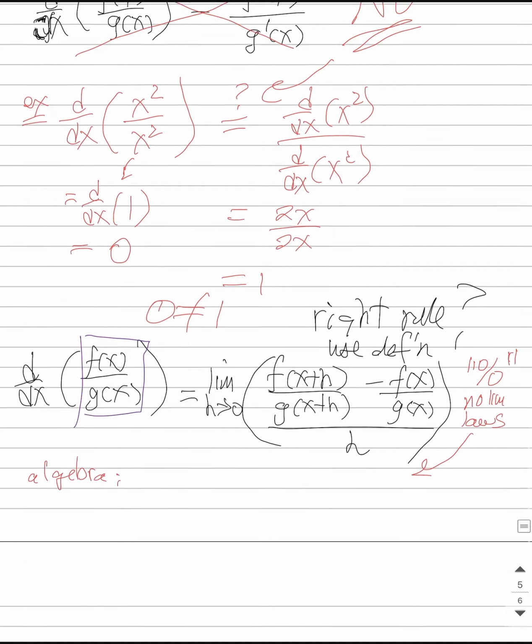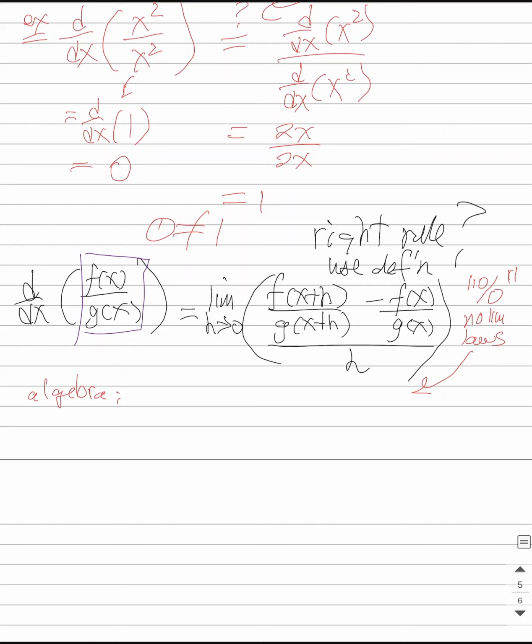Now, I won't do the algebra this time, but I'll walk you through what should happen. So what you should do is use a common denominator, and then you're going to add in a 0 like we did last time. Now again, you're not going to be putting in this symbol, big fat 0.